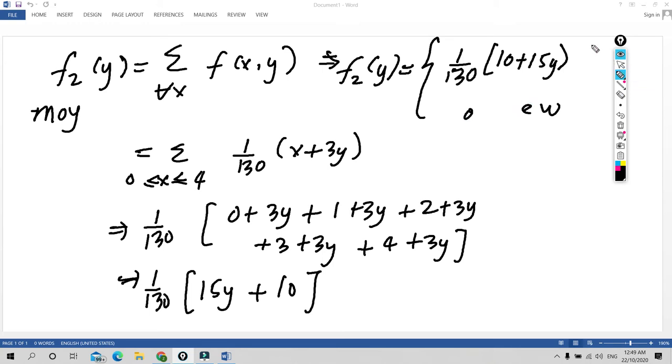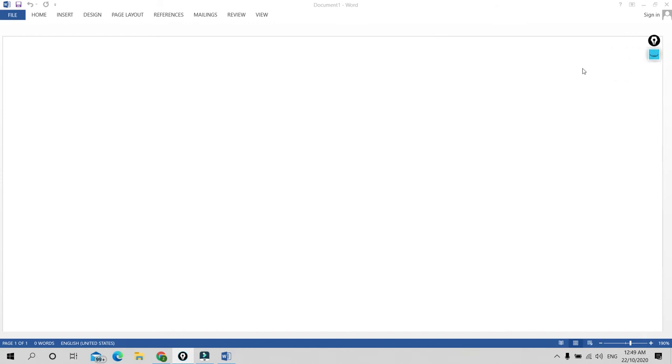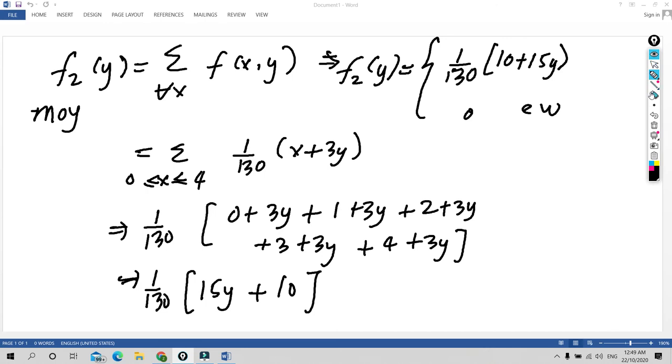You have to focus on the value of y, because this is the marginal of y. This is how we write the marginal probability function of y.